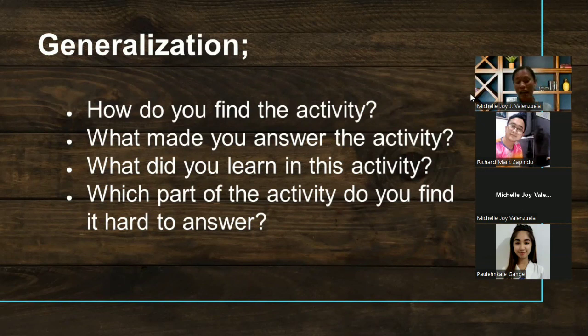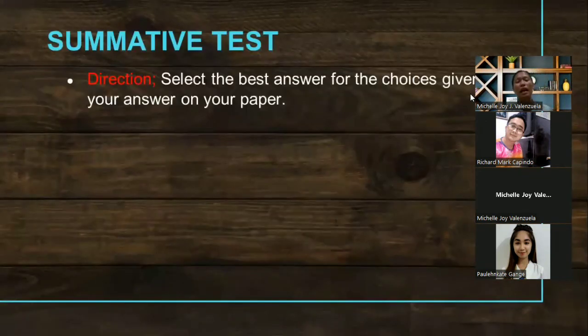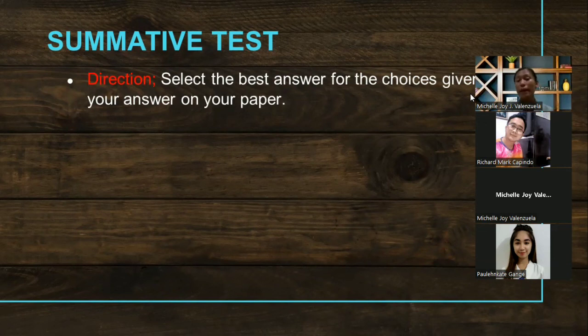So I could say that you are ready for the next part, which is the evaluation. So for the evaluation, you are going to select the best answer in the choices given below, and you are going to answer it on your paper. So for this part, on your modules, you are going to base there the summative test, which you can find in the module your parents got.